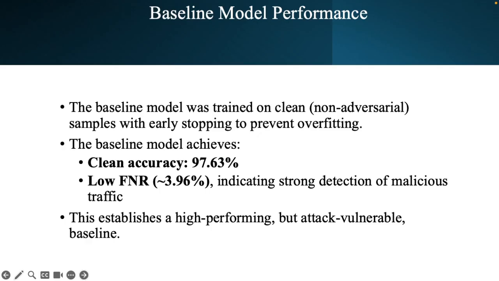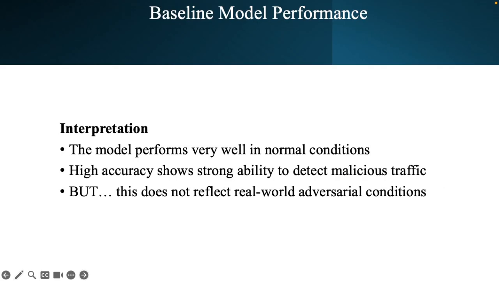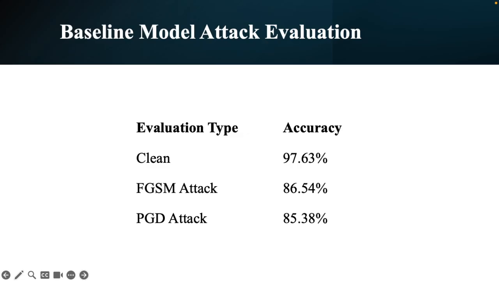The model performs well in normal conditions, and the high accuracy shows the ability to detect malicious traffic. However, this does not reflect real-world adversarial conditions. The sharp decline of around 12 to 14% revealed that the baseline model is highly vulnerable to manipulation.